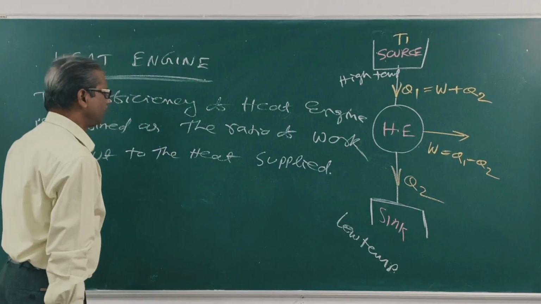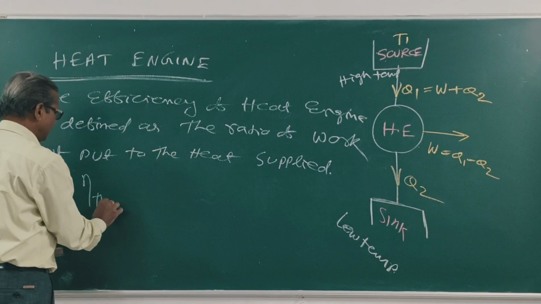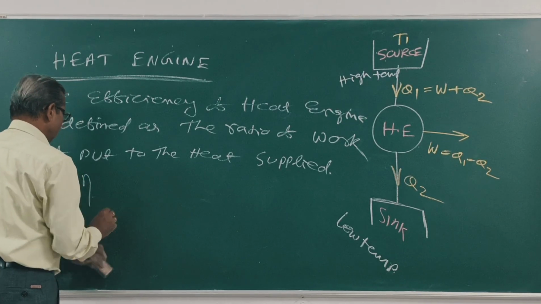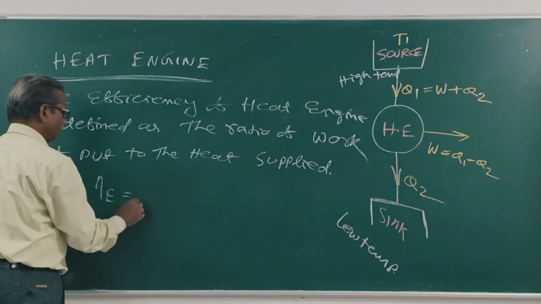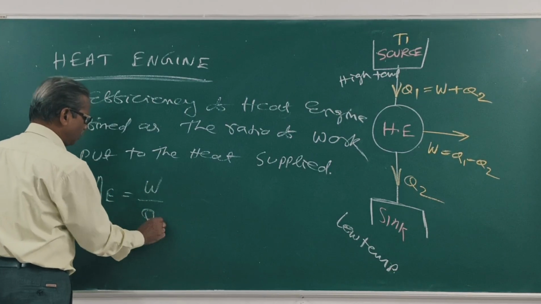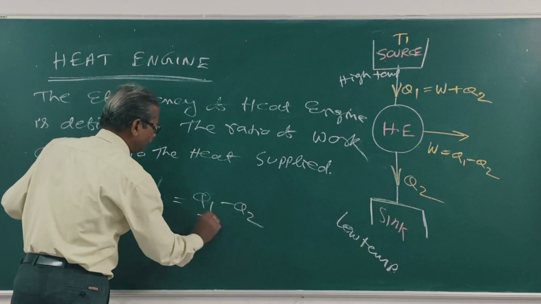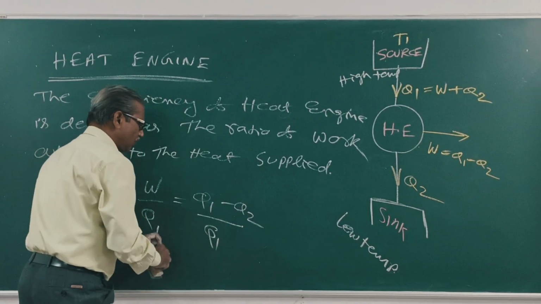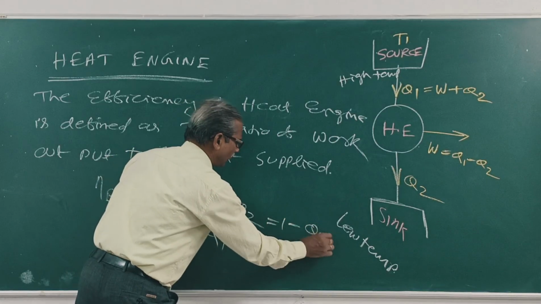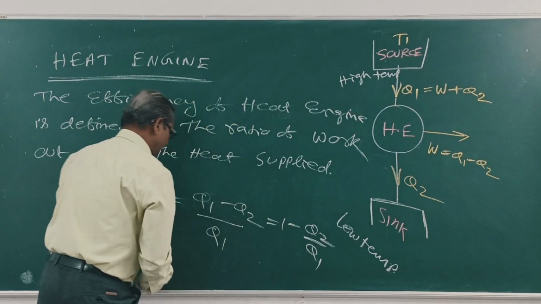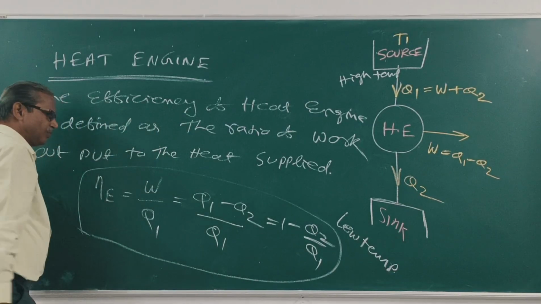That is eta thermal or eta engine is equal to W by Q1. W means Q1 minus Q2 by Q1, or 1 minus Q2 by Q1. Clear? This is efficiency of heat engine.